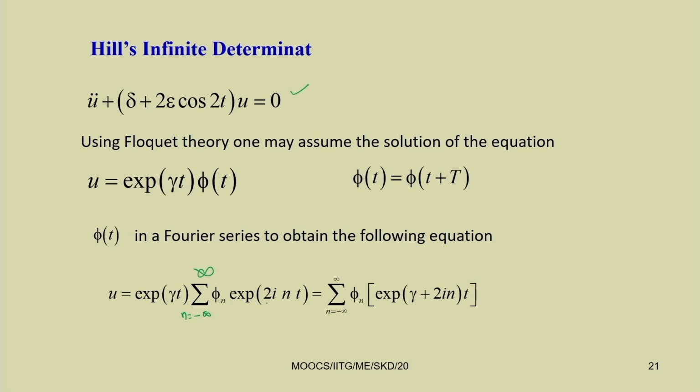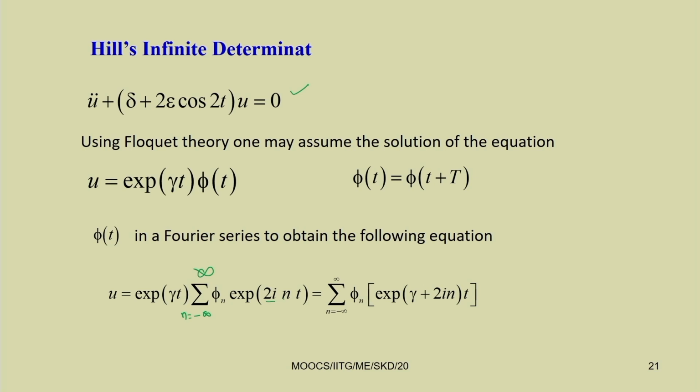For n equal to 1, you have phi 1 e to the power 2 I t. Similarly, for n equal to 2, you have 4 I t. That way you can go on expanding, putting different values of n. As it runs from minus infinity to infinity, you have a large number of exponential functions.